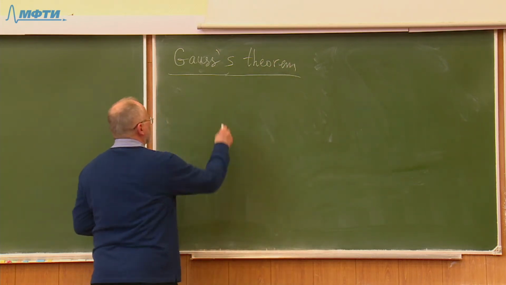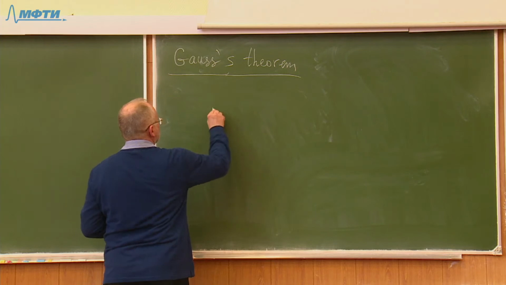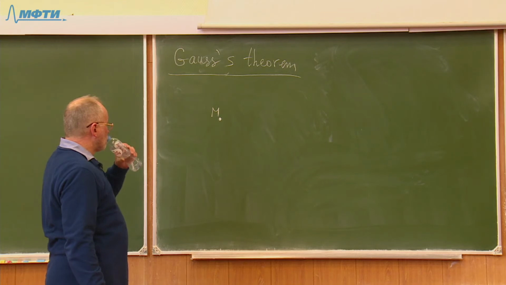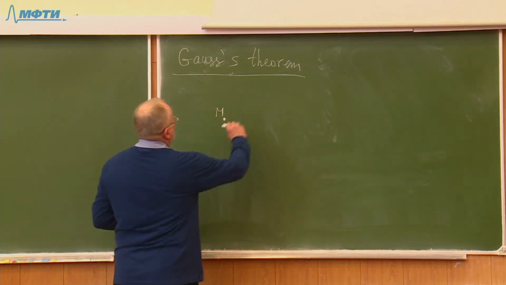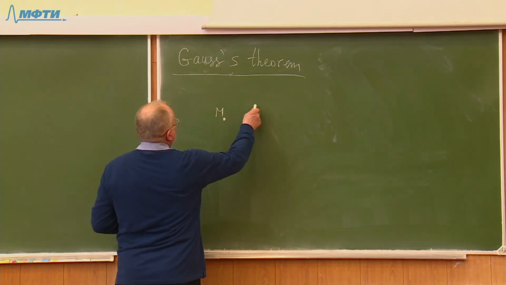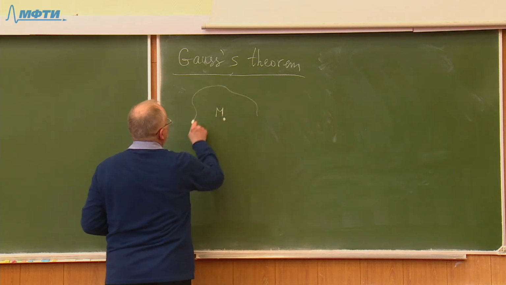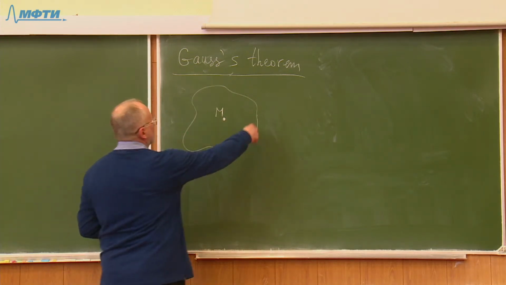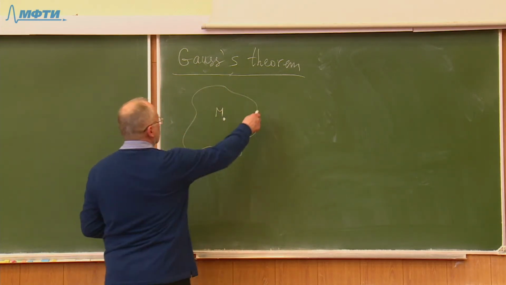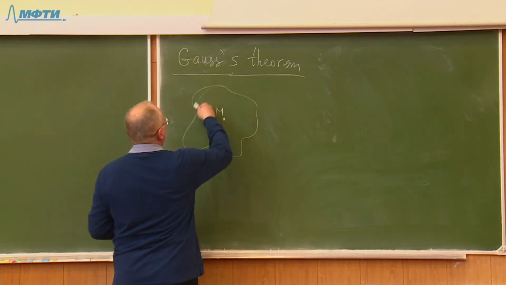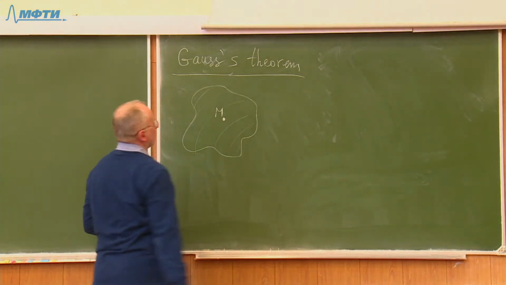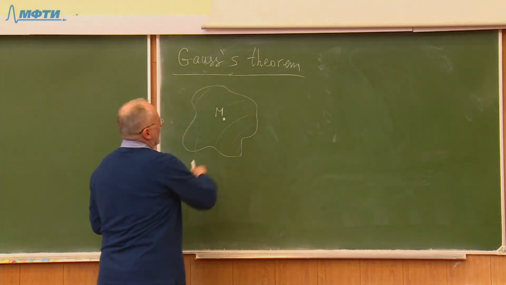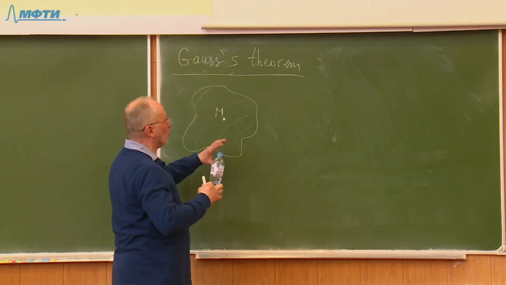The final result is that if you have a gravitational mass and you surround this mass by an arbitrary closed surface, so this is not a trajectory, not a line, this is a surface. Well, the simplest surface is a sphere, and imagine a sphere which has been deformed in some way.